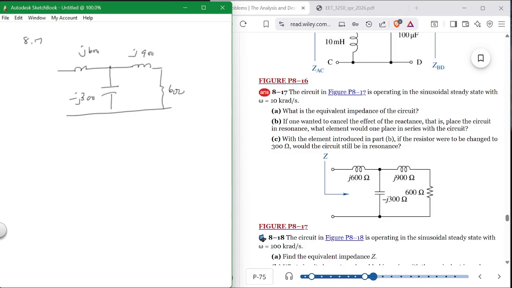So it's 600i plus 1 divided by parenthesis 1 divided by minus 300i plus 1 divided by parenthesis 600 plus 900i, parenthesis.